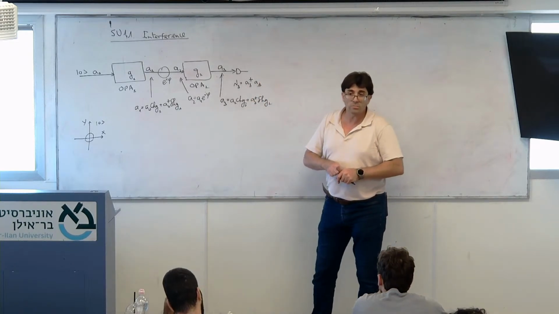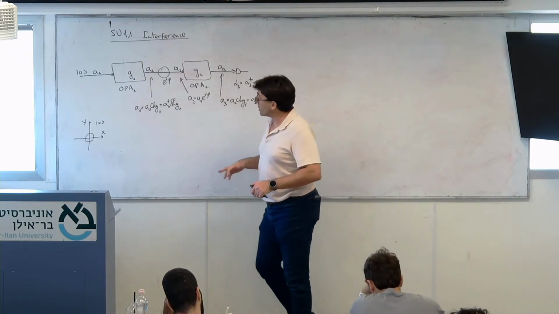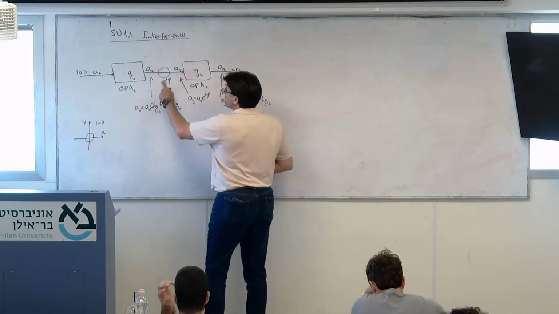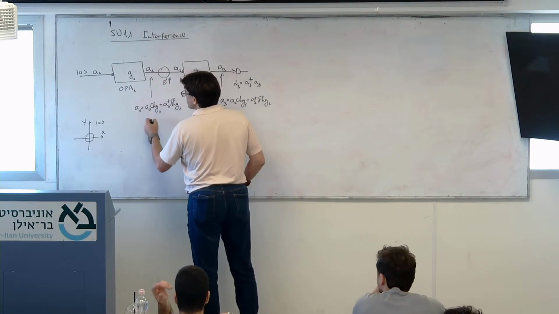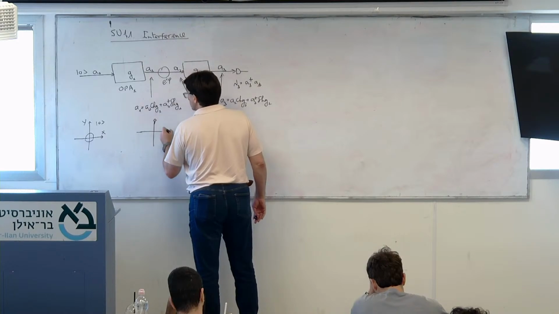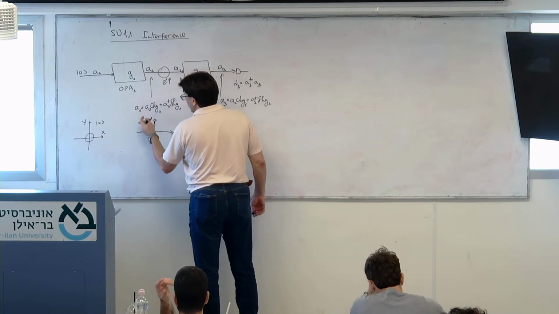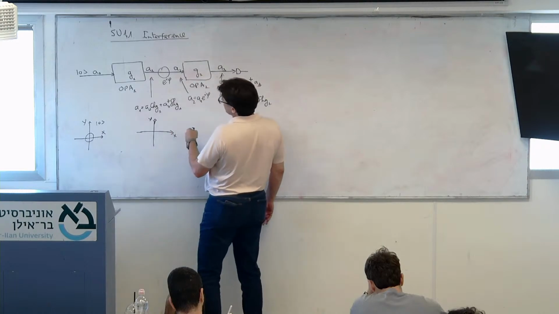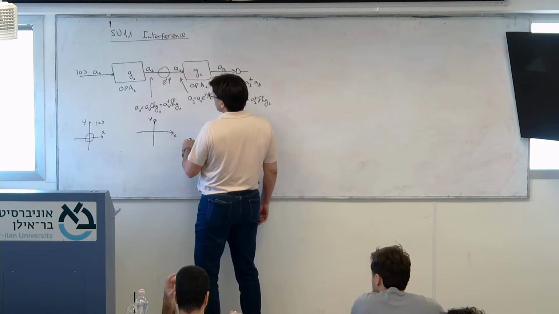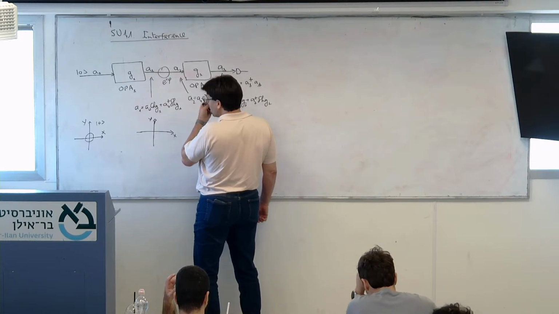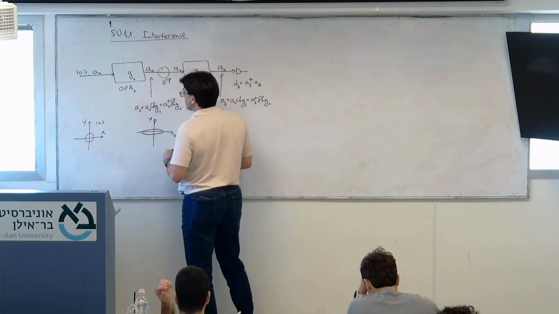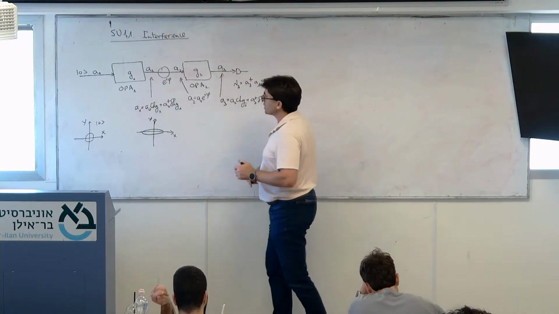It squeezed it. So if this was vacuum, what we will have here, I think we're stretching X and we're reducing Y. So that's what we'll have. We'll have squeezed vacuum.